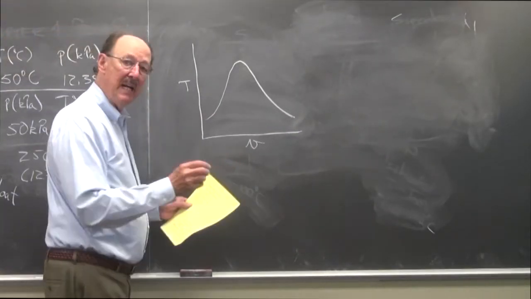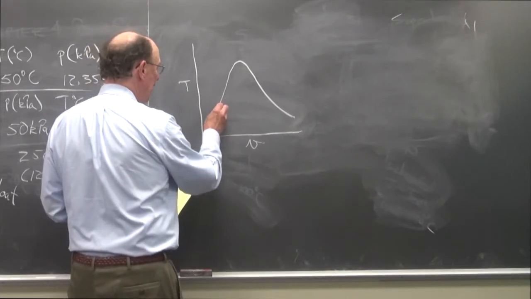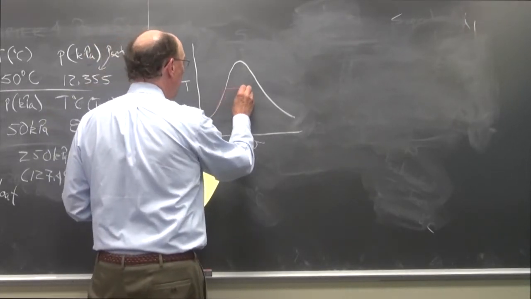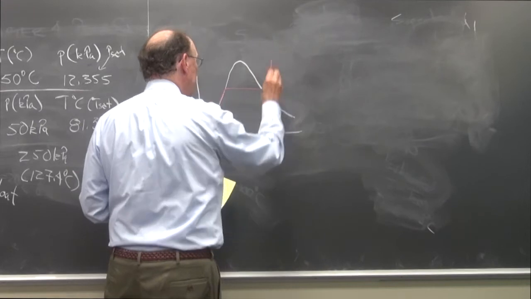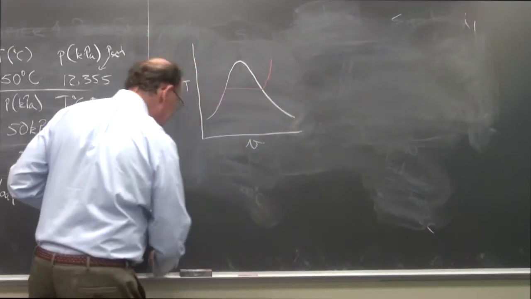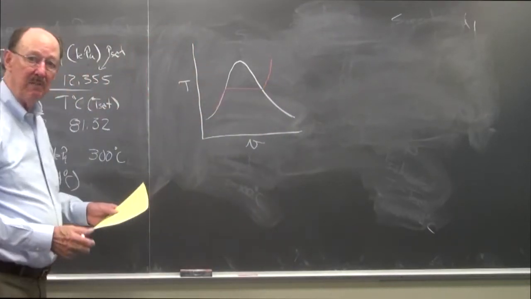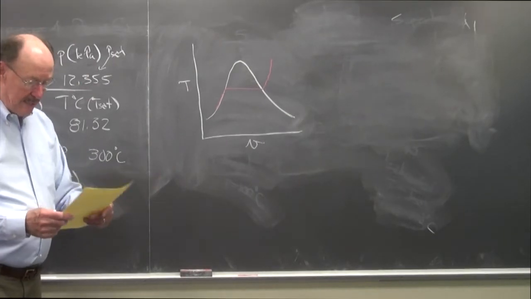And so if I draw a line of constant pressure, it'll go up, it'll go over, and it'll go up like that. That's our line of constant pressure that we developed just a little while ago.